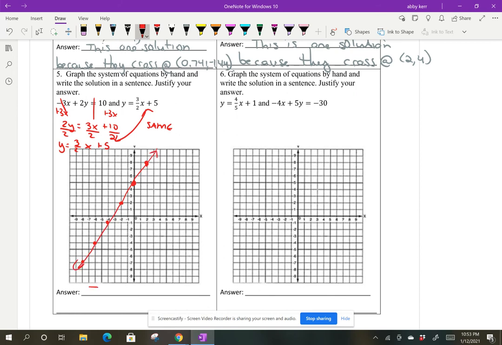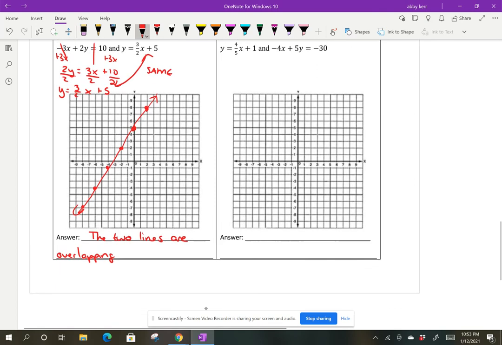So you can say the two lines are overlapping, or the same. So it's infinitely many solutions. So if you want to spell that out, that's how you spell infinitely many.